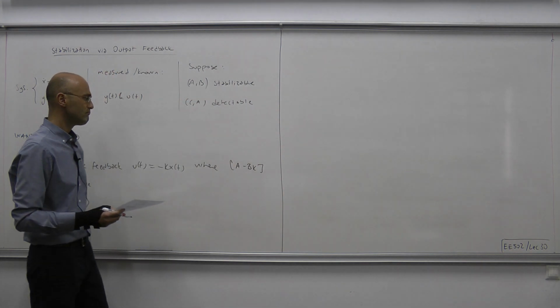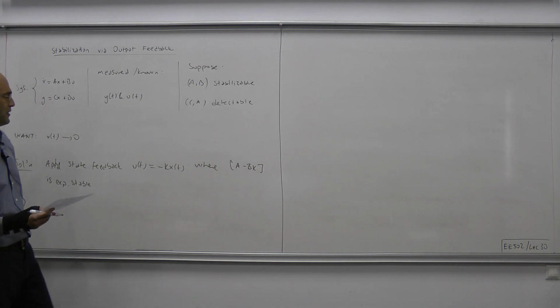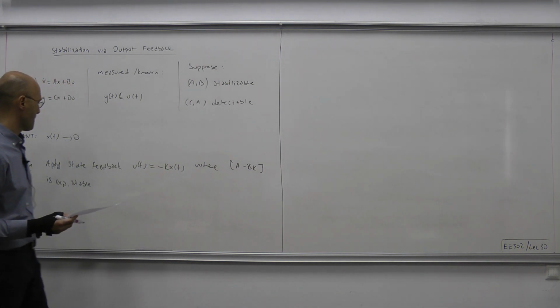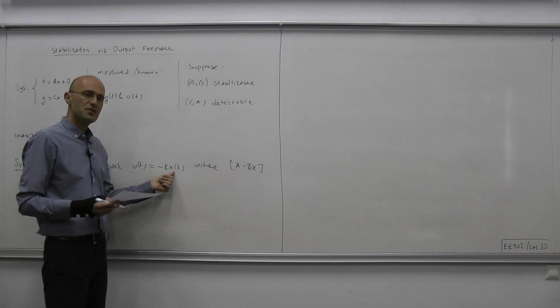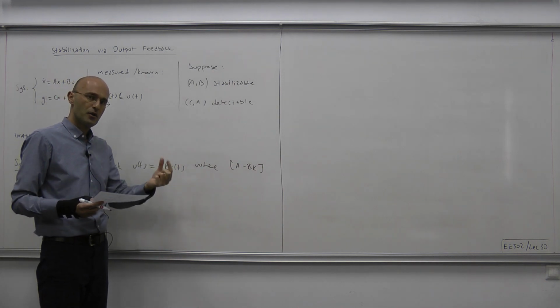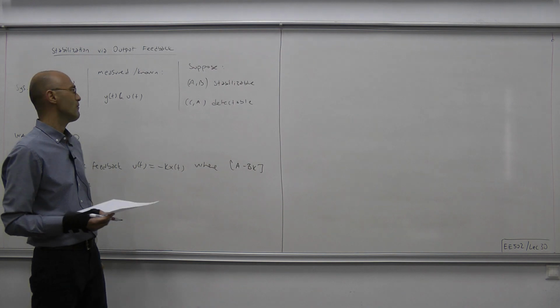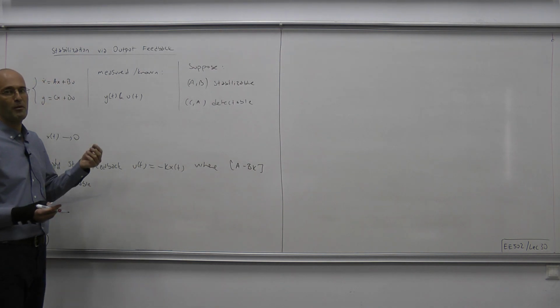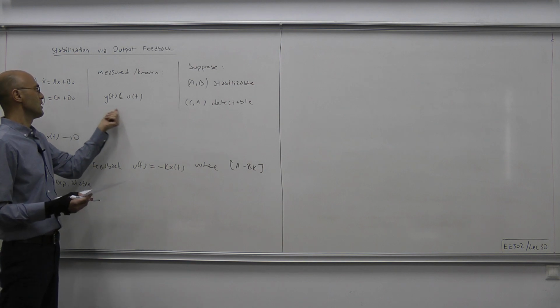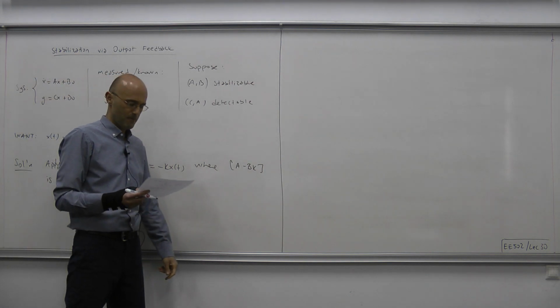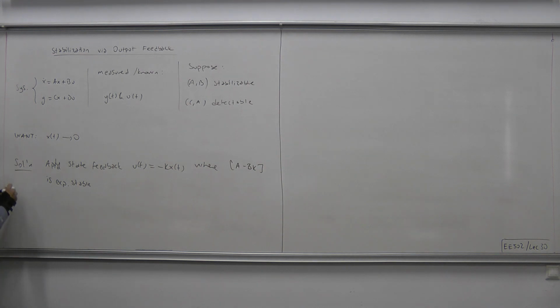Now the problem with this solution suggestion is that we don't have direct access to the entire set of state variables. We have only partial information regarding the state, and that information is the output y of t.